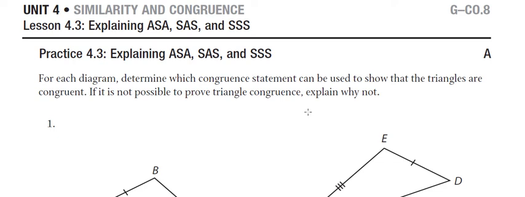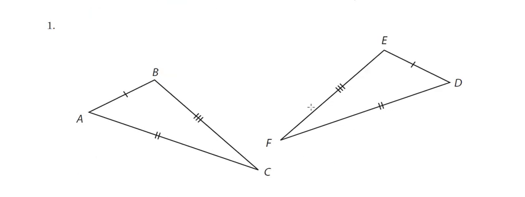All right, everyone, you should be at page 35 in your Walsh book, and we're going to go over the homework. So for number 1, you have a congruent side, another set of congruent sides, and a third set of congruent sides, and we know that SSS together is one of our theorems, so we know that triangle ABC is congruent to triangle DEF, with vertices 1, 3, 2 matching.